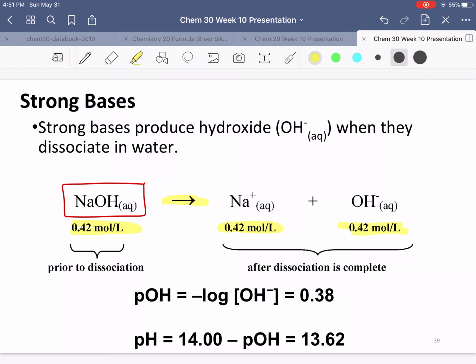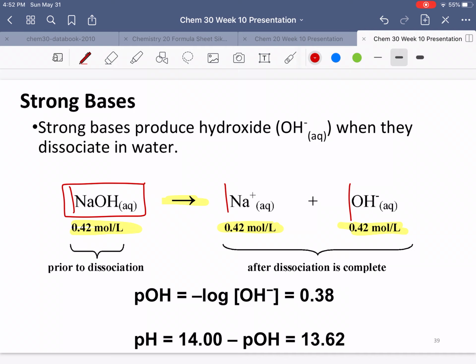So both of them are 0.42. Take note, guys, from a mole perspective, there's 1 mole of sodium hydroxide producing 1 mole of sodium ion and 1 mole of hydroxide ion. You still have to balance these dissociation equations. Hint, hint, that could certainly come into play. So that's a big deal.